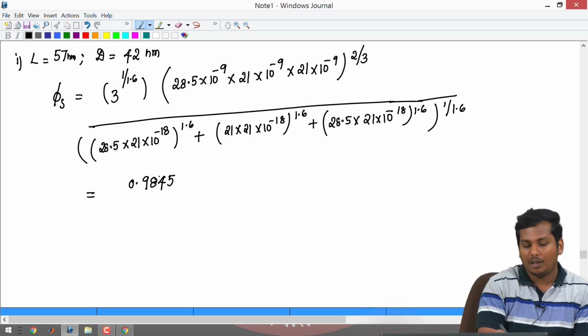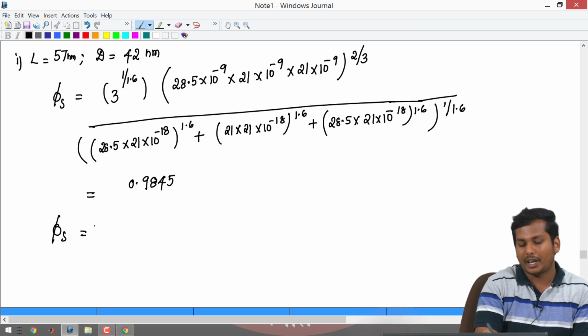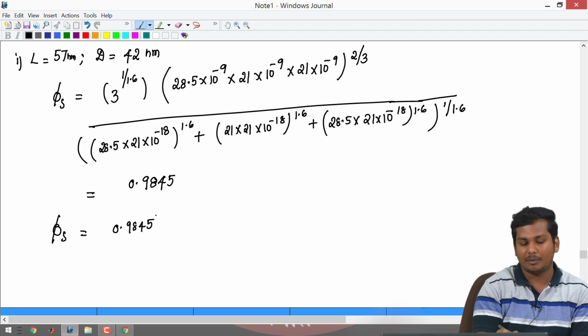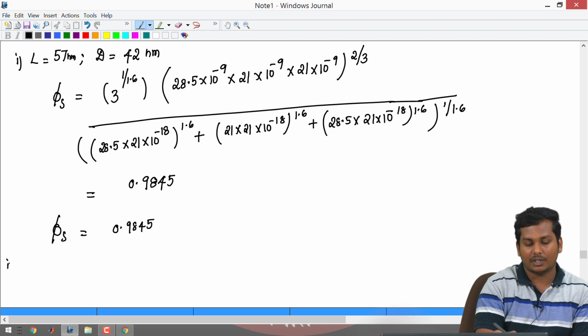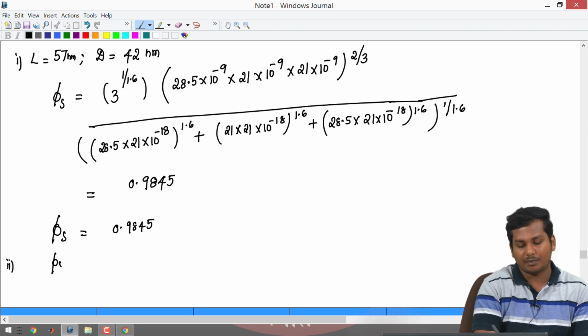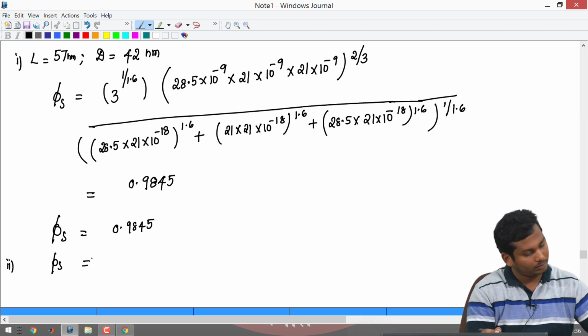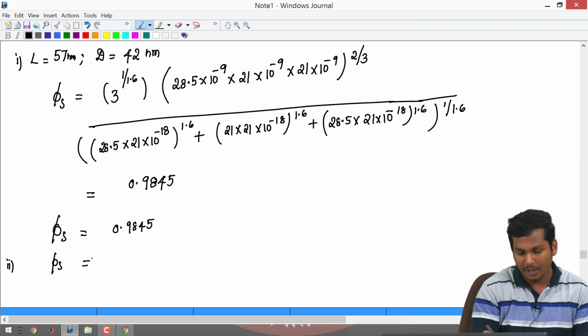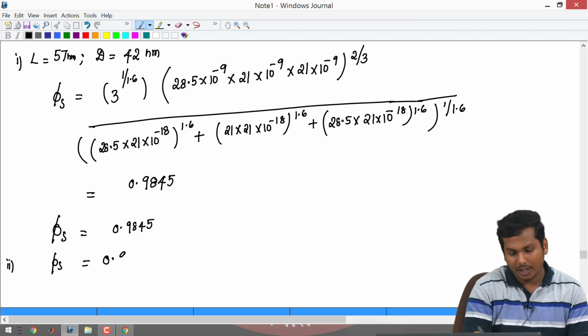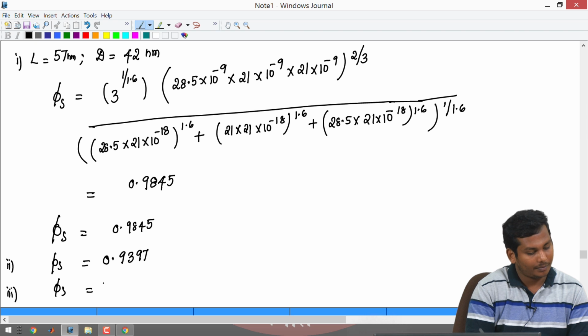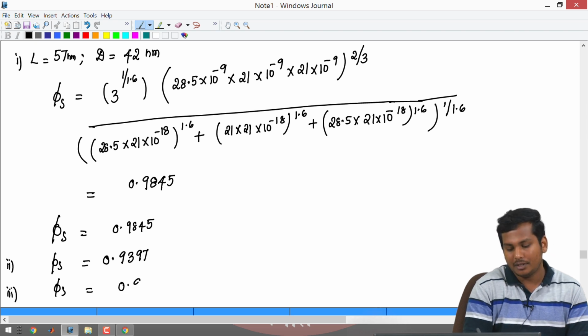So, sphericity is 0.9845 for the first case, and similarly if we calculate for the second case, it will be 0.9397, and for the third case it will be 0.9179.